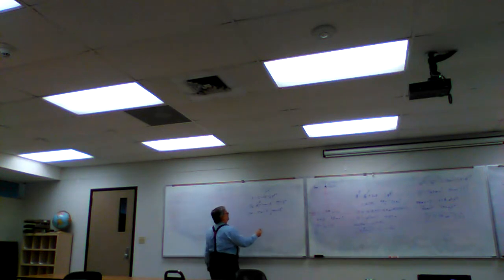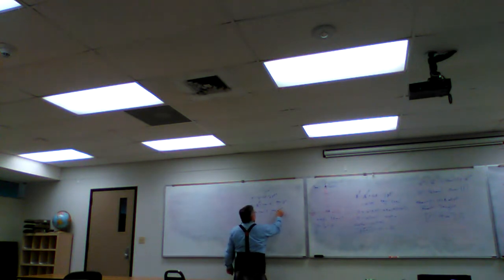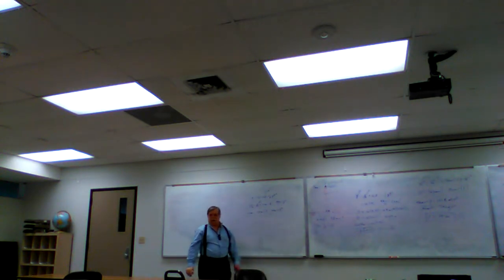Well, first we check our units. If t is in seconds, seconds cancel seconds, we've got meters, minus meters per second squared times seconds squared cancels, leaving meters. So we've got meters equals meters minus meters. We're good so far.